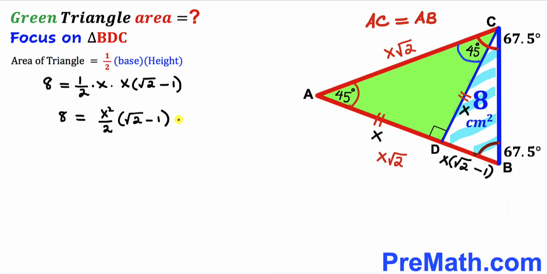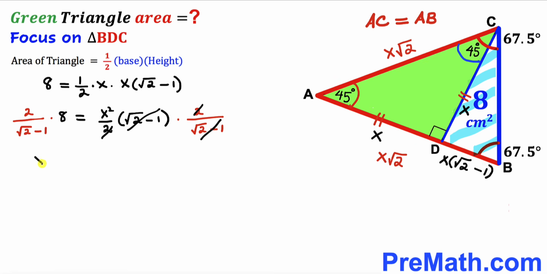And now I am going to multiply both sides by 2 divided by square root of 2 minus 1, and likewise multiply the left hand side by 2 divided by square root of 2 minus 1 to isolate x squared. And here we can see the 2 and 2 are gone, and this square root of 2 minus 1 and this square root of 2 minus 1 are gone as well.